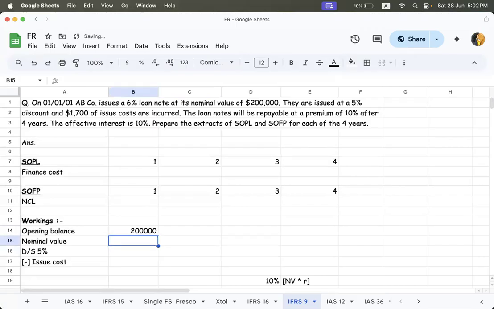No doubt about it. Now, you're getting a discount of 5%, right? So when you get the money, it is 5% less. So how much do you get? 95%, right? The logic is clear. Minus 5% discount.